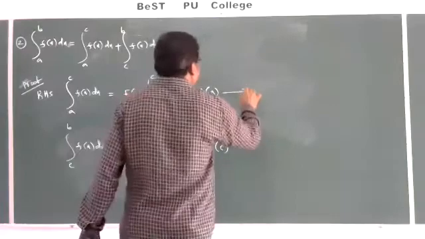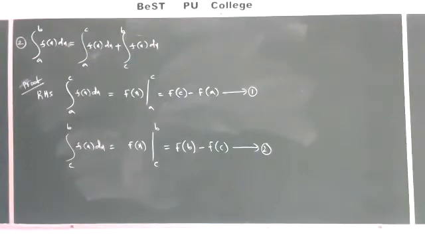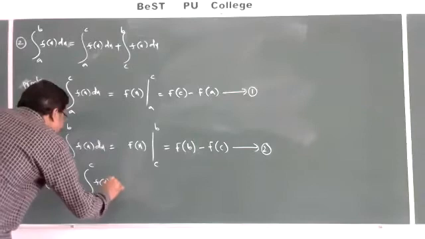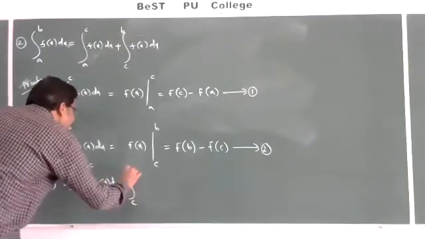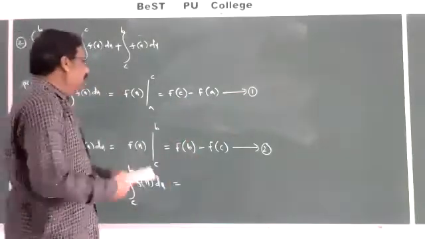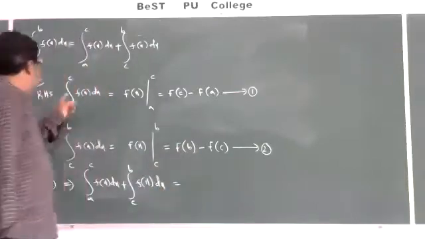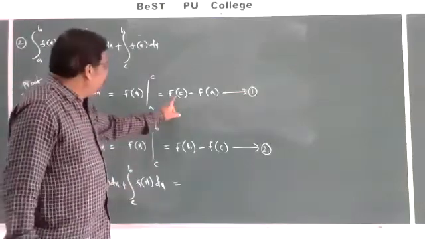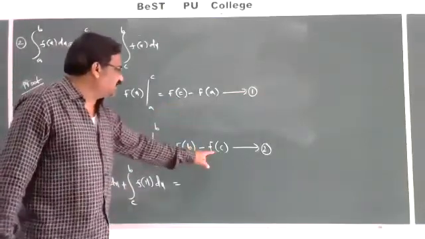Consider this as equation 1 and this as equation 2. Adding 1 and 2: integral a to c f of x dx plus integral c to b f of x dx is equal to, here adding, F of c is plus and F of c is minus.